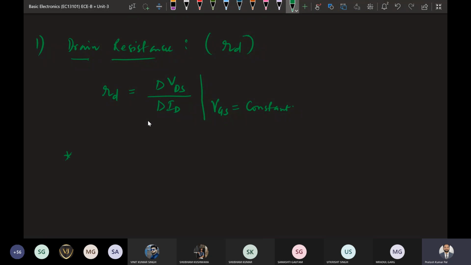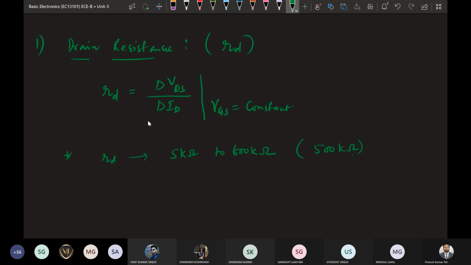So this is how RD is defined, that is output resistance. The typical value of RD is between 5 kilo ohm to 600 kilo ohm, or generally around 5 kilo ohm. That means it is very high. So the output resistance in case of FET is very high.